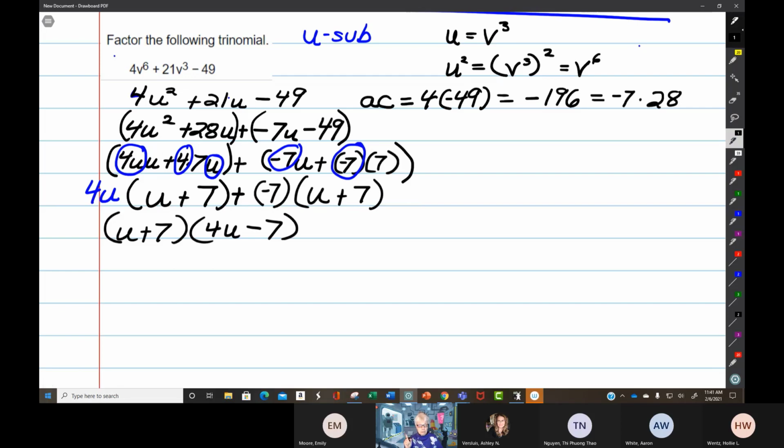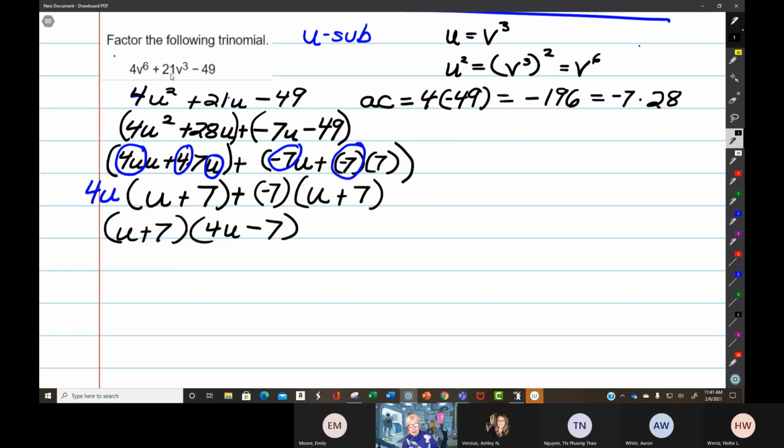Now, as I was saying, the danger is feeling like I'm done. But having made this mistake before, as a student and even as a teacher, I know that I had better go back and resubstitute, namely that u equals v to the third.